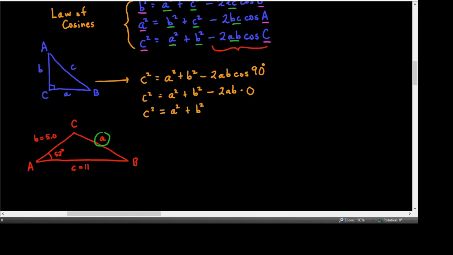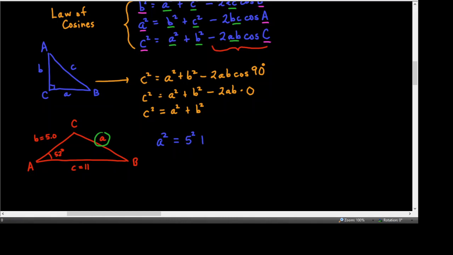Now, to solve for side A, when it's side angle side, you want to find the side across from the angle that's given. The angle that's given has the same name as the side you're trying to find, which means that's the side that's by itself. Equals. Then pick either one of those. It doesn't really matter to me, the order, because you're adding.